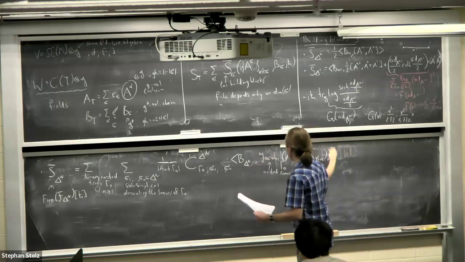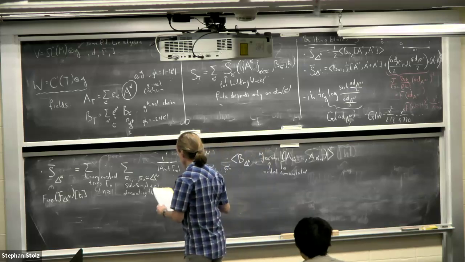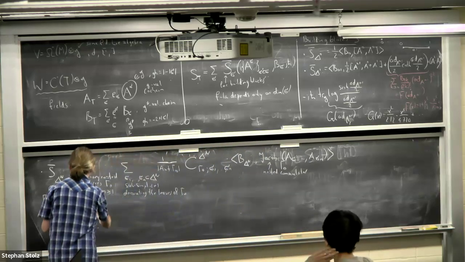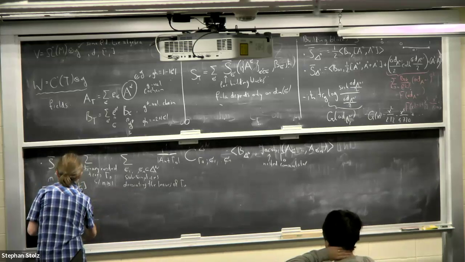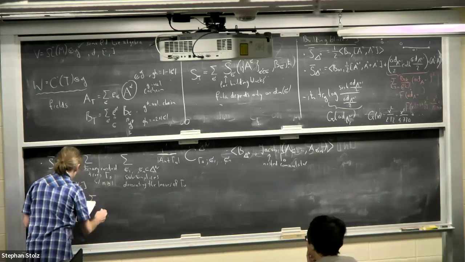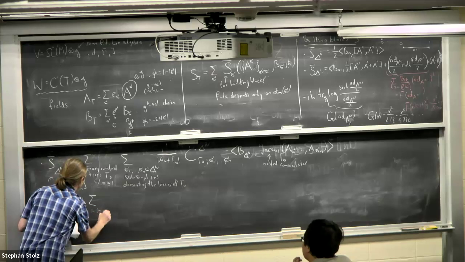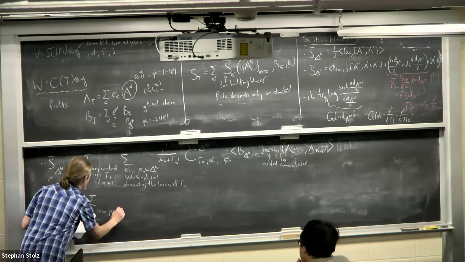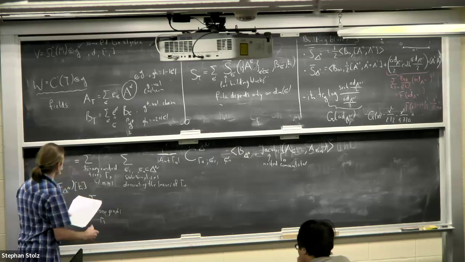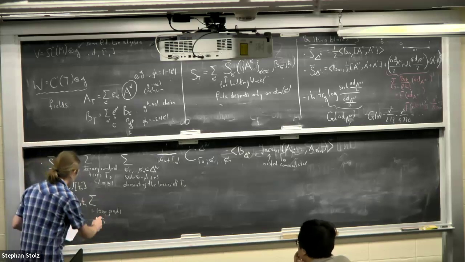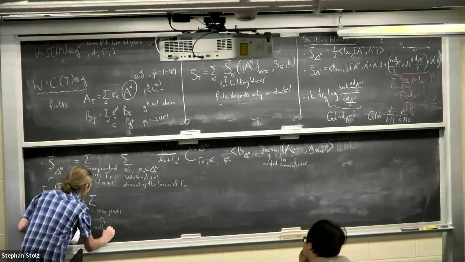Okay, so that's some very natural expression in terms of the Lie algebra. That was the tree part, and now the one loop correction. So that's minus i h bar, sum over connected one loop graphs, gamma 1, with at least two leaves.